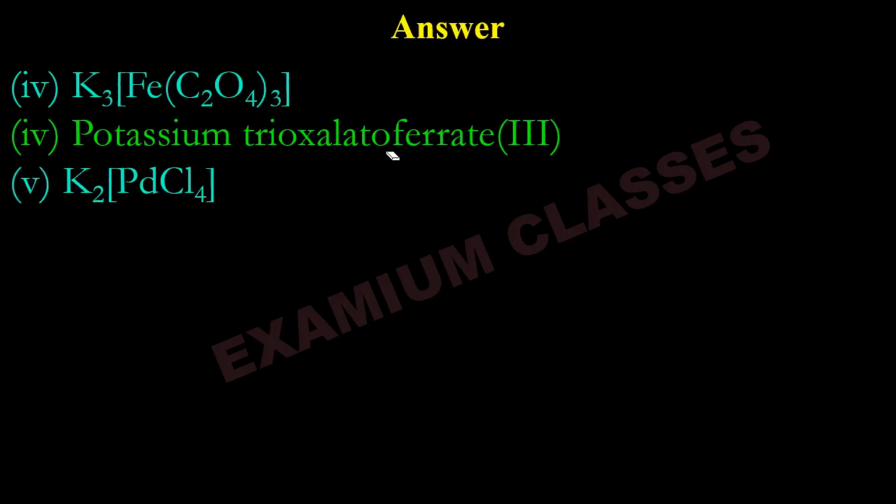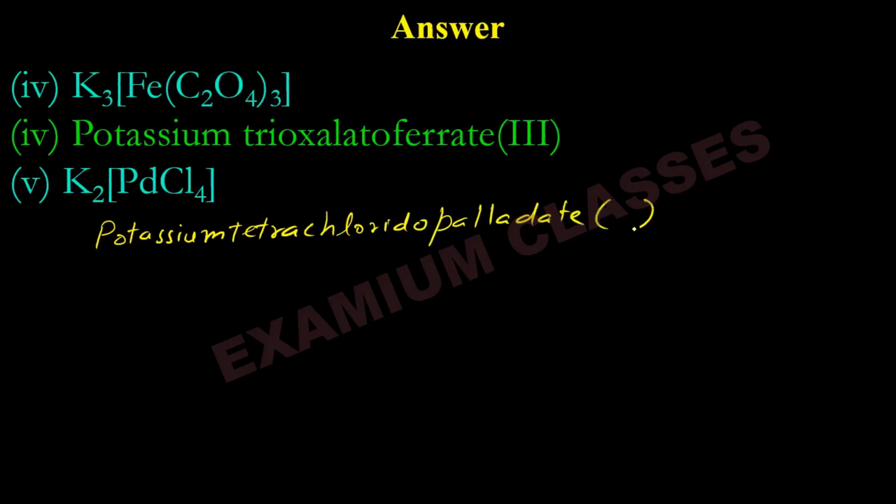Next, K2[PdCl4], potassium. Always the cationic part is written first. Now remember this is the anionic part, so palladium will be written as palladate. And you have 4 chlorines, so it will be tetrachlorido palladate.